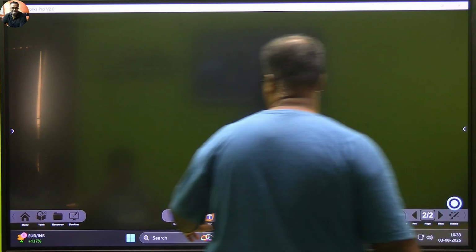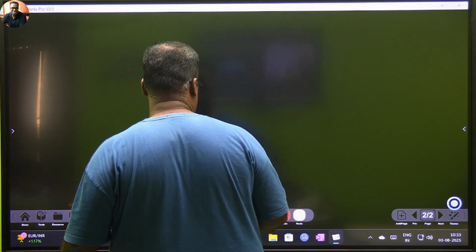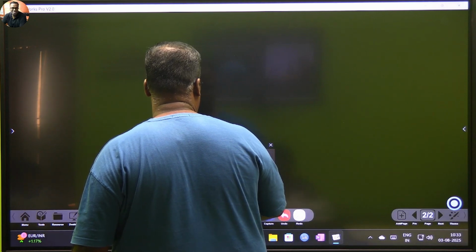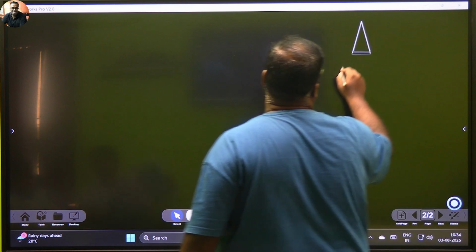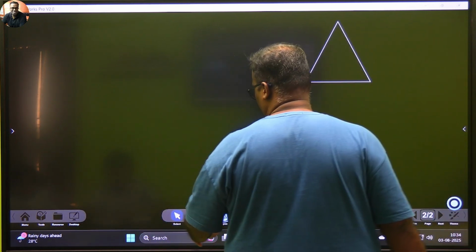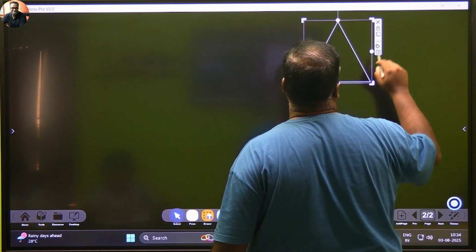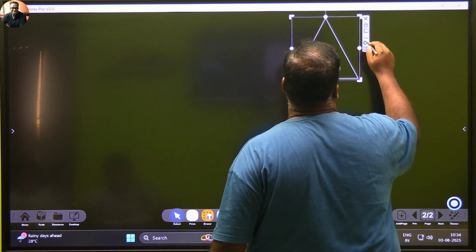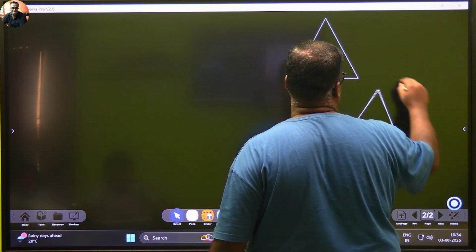So kite is very simple, children. Okay, kite is a sort of a rhombus, which is not symmetric. So a kite is something like this, and then what we do, for me to make it easy, I'll just copy this.